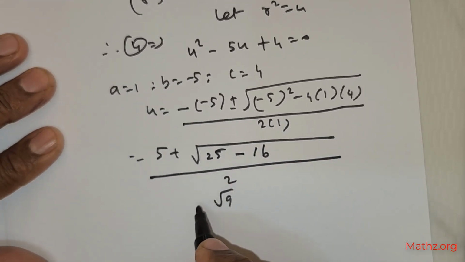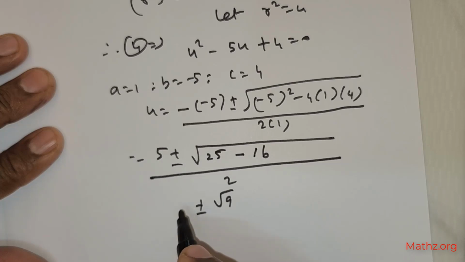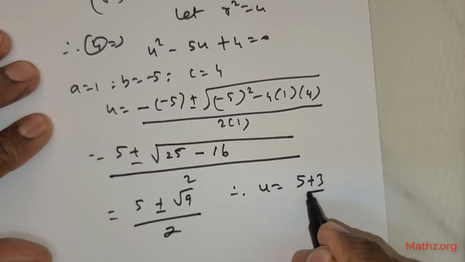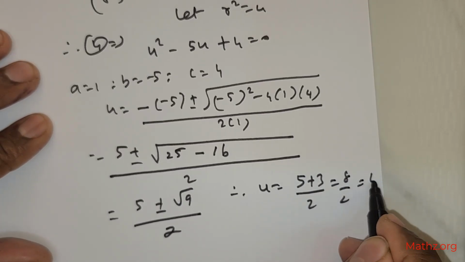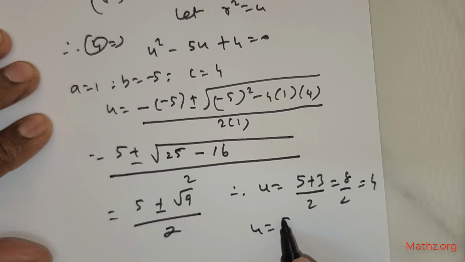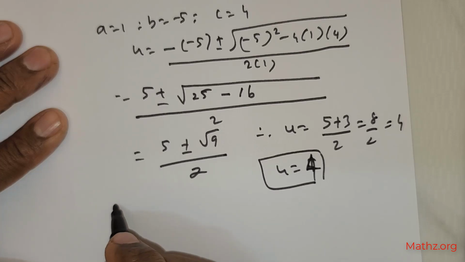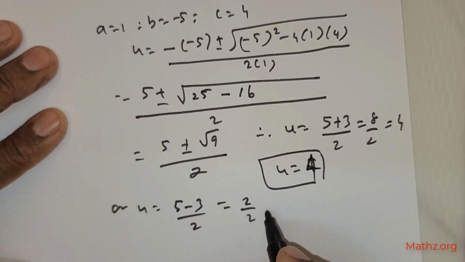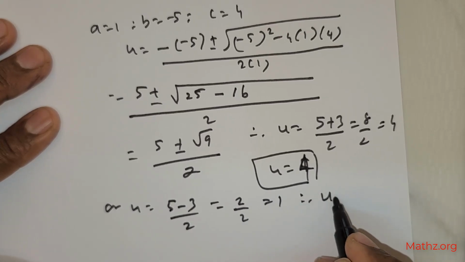This would give me root 9, so you have 5 plus or minus 3 divided by 2. So therefore U is going to be 5 plus 3 divided by 2, which is 8 over 2, which is equal to 4. So U is equal to 4. This is one value. The other value is 5 minus 3 divided by 2. This is 2 over 2, which means 1. So therefore U is equal to 1.